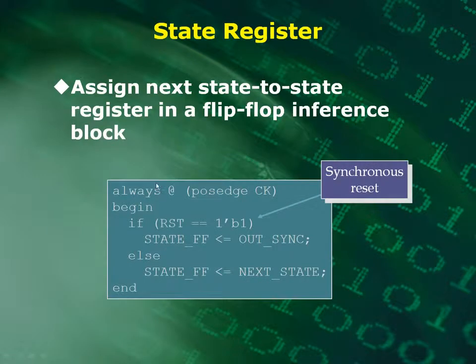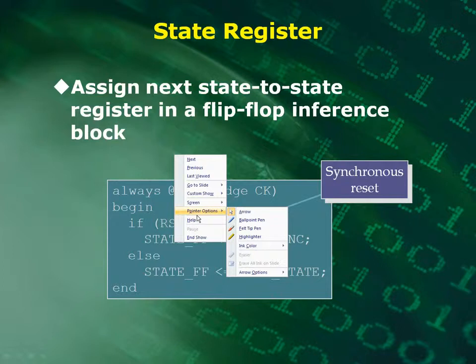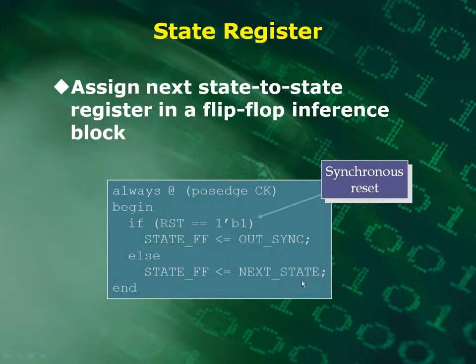Okay, so now you're going to make another always block, and you're going to say always at posedge or negedge of clock, and you're going to use these non-blocking assignments. Here we've got non-blocking assignments, so this is going to be turned into RTL code that produces flip-flops.